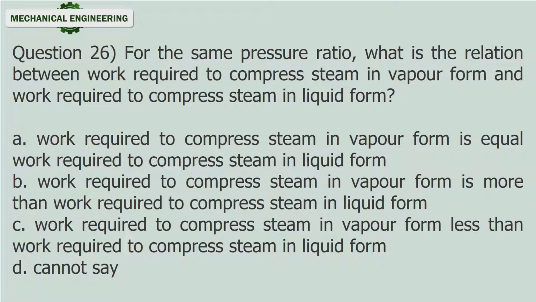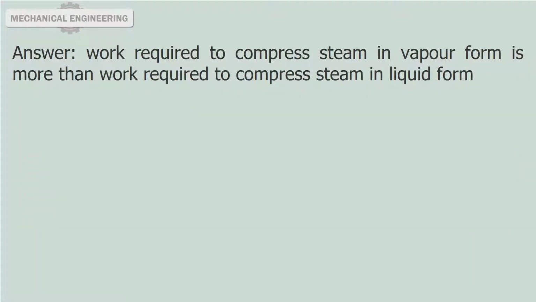C. Work required to compress steam in vapor form is less than work required to compress steam in liquid form. D. Cannot say. Answer: work required to compress steam in vapor form is more than work required to compress steam in liquid form.